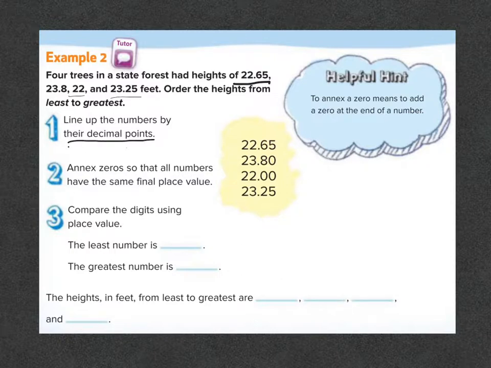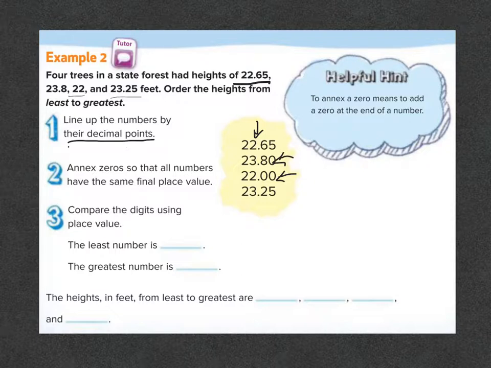That's always the first step. There we go. Now we're going to annex zeros. Now yesterday I told you annex meant take away, but actually annex means the opposite, which means add them on. Good vocabulary word for you to have. So we're going to add in any zeros that were not already there, so that they all have the same final place value.